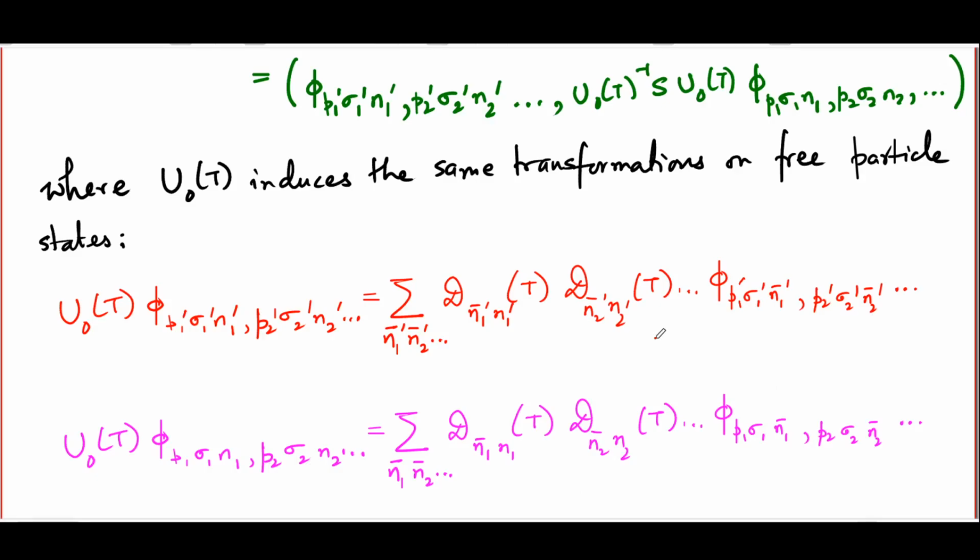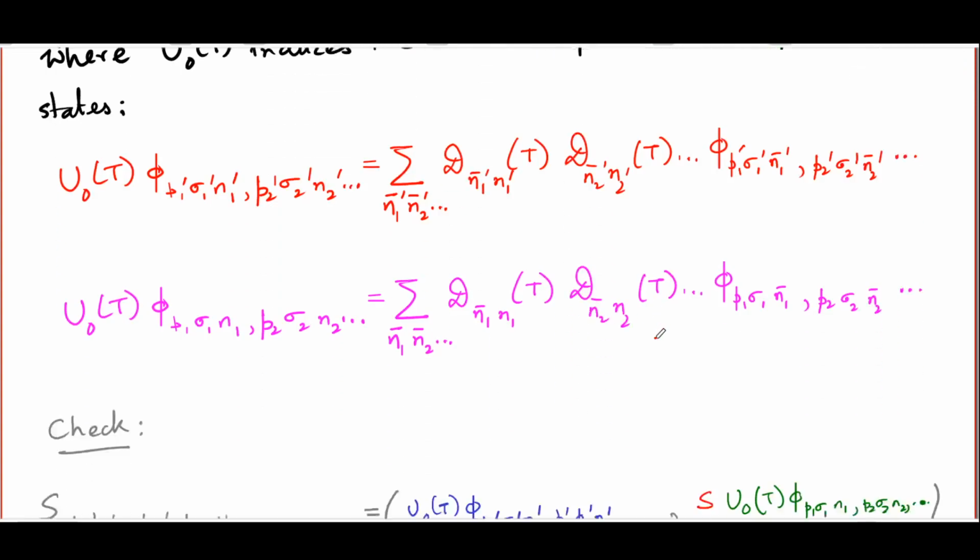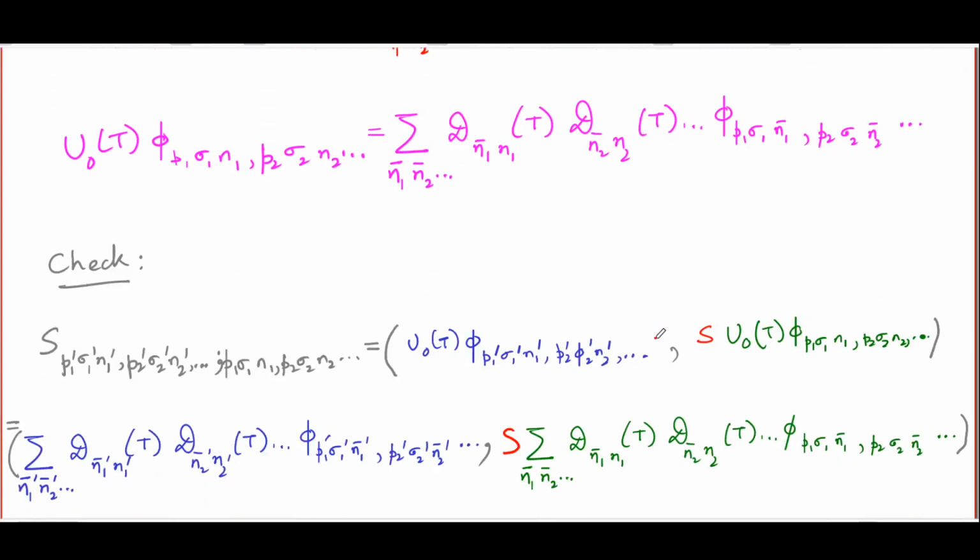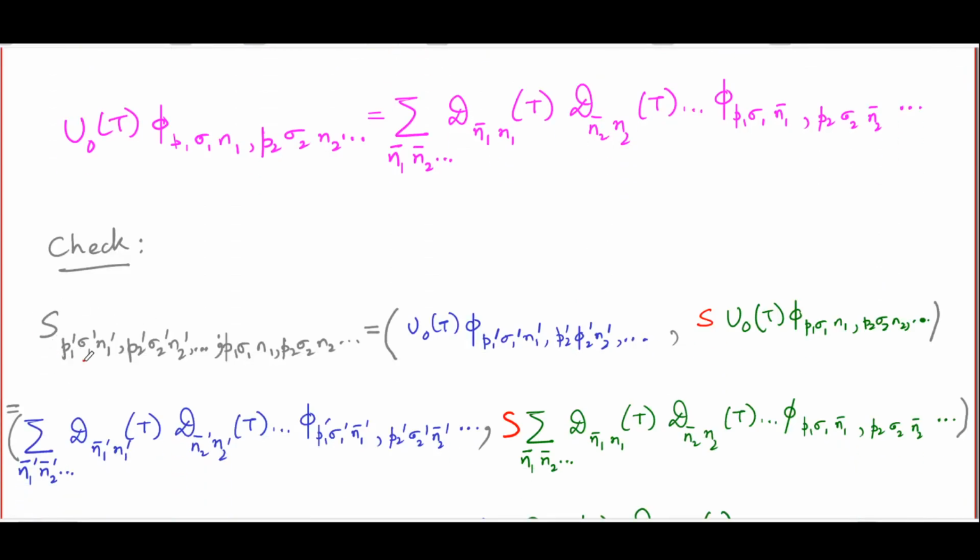Before examining this equation further, let us just check whether what I said right now is actually correct. The check is pretty simple. We are claiming that this is going to be correct, but notice that since U0(T) phi p1 prime sigma 1 prime n1 prime is basically this linear combination, and U0(T) acting on phi p1 sigma 1 n1 is this linear combination, and S is a linear operator, these coefficients come out of S and they come out of the inner product.